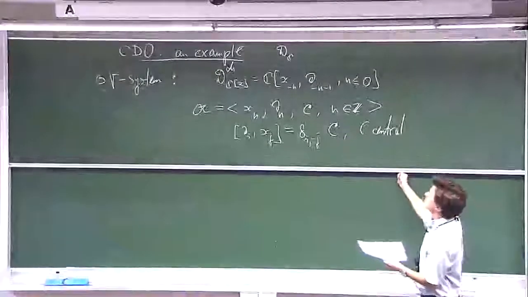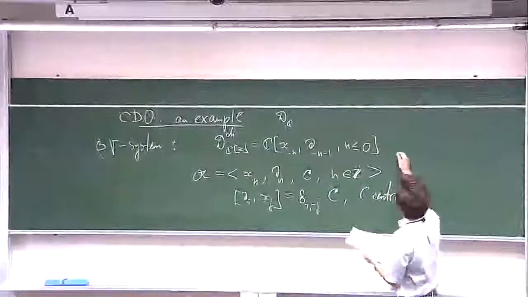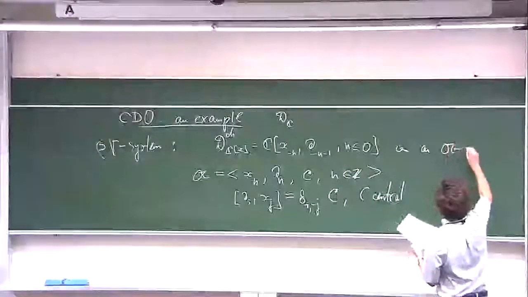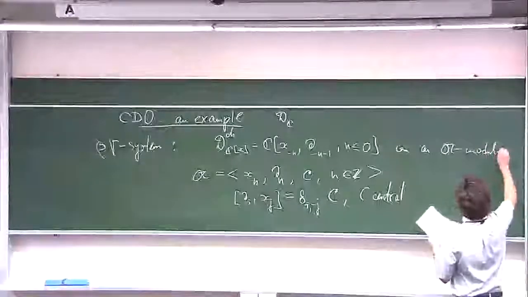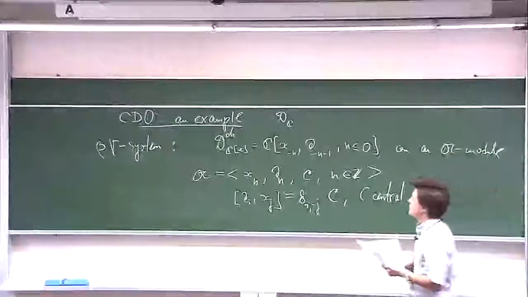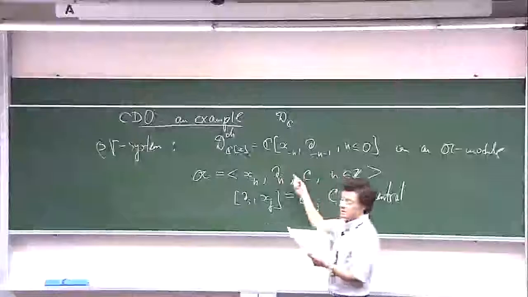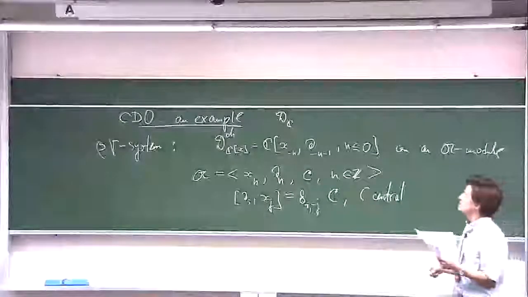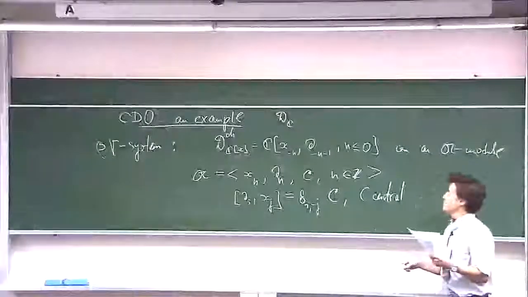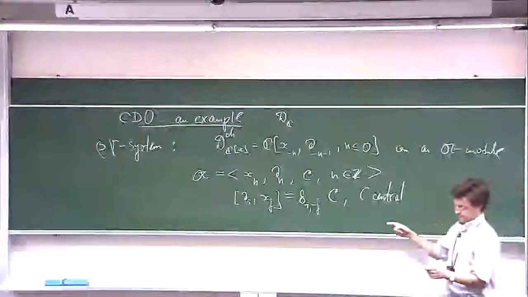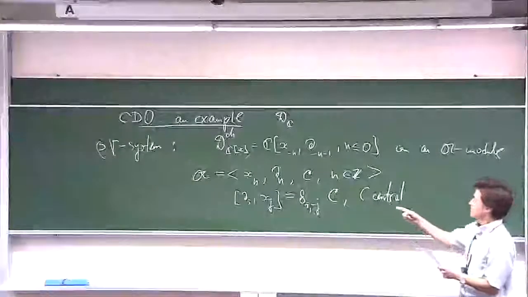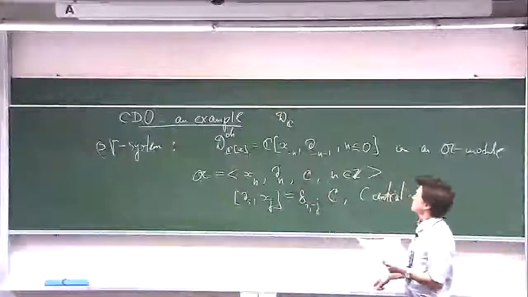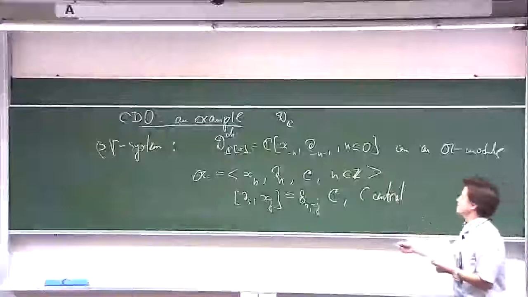So that's, at the moment, just a definition. Of course, this thing is an A-module where letters that appear here act as multiplication, and letters with negative, perhaps positive, indices operate as derivations.